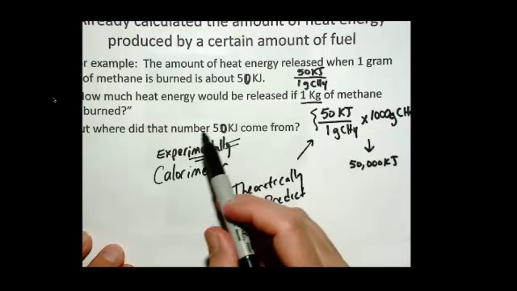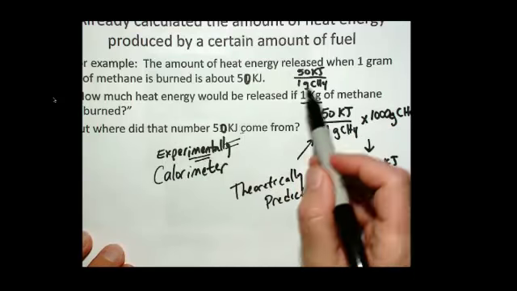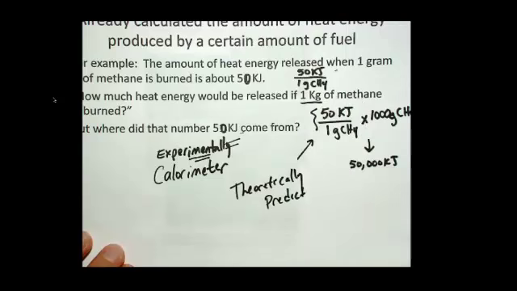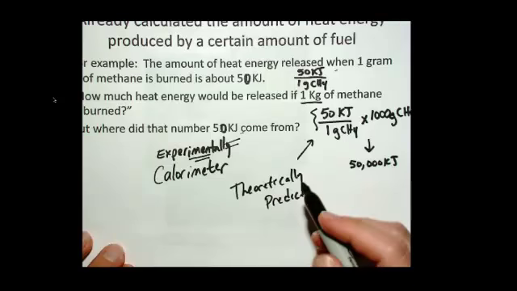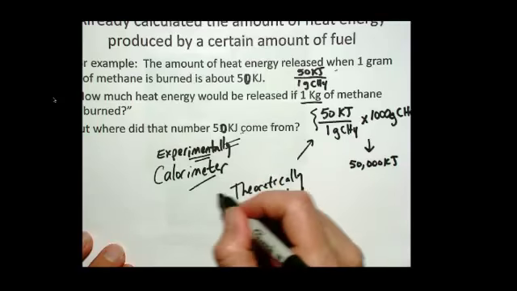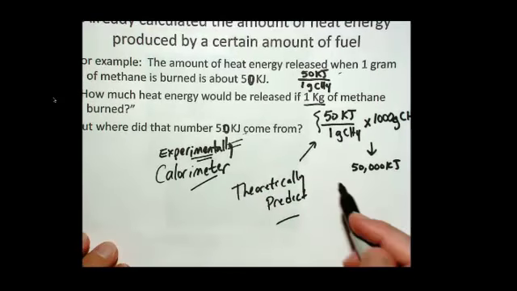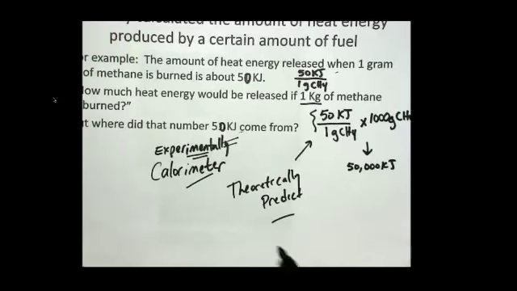So today we're going to look again at how one would experimentally determine this type of relationship, how much heat energy is given off, and then we're going to also take a look in Part 2 at how we can theoretically predict, and how close those values are between experimentally and theoretically, and what's actually going on in a chemical change to cause this heat energy to be given off.